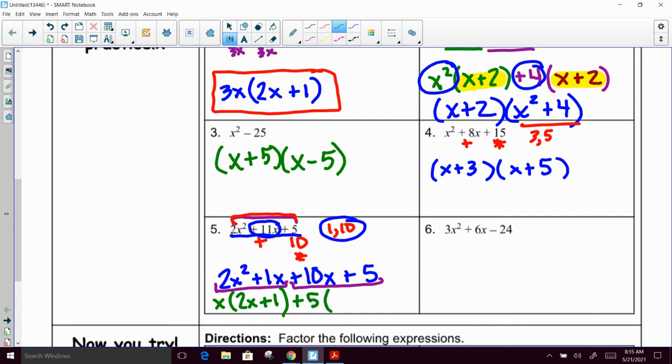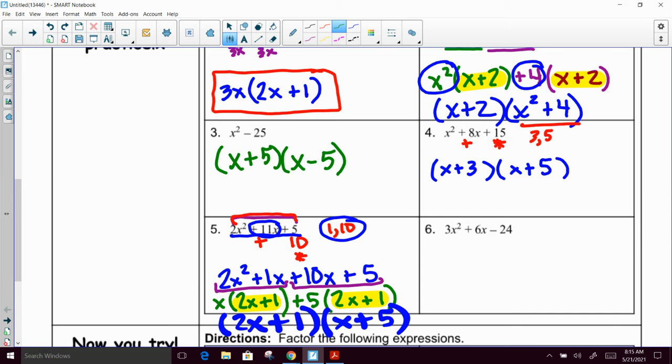What do I multiply by 5 to get 10x? 2x. What do I multiply by 5 to get 5? 1. Notice those are the same. So my final answer, 2x plus 1 times x plus 5.